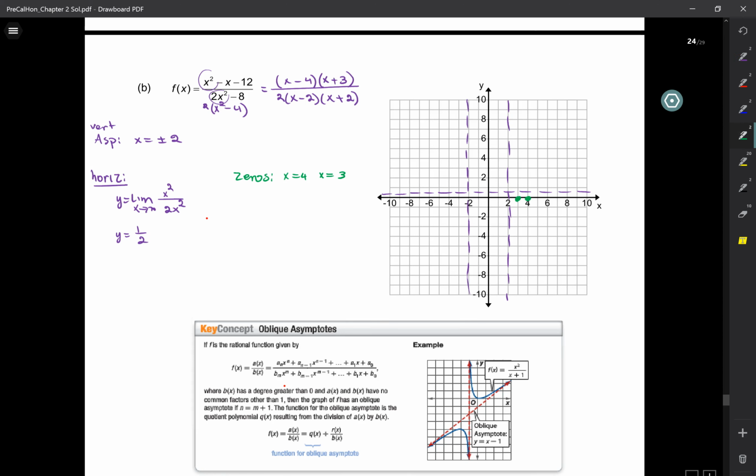So here it's at negative 3. Okay, so already we can sort of see that it's going to cross the x-axis at 2 points here.